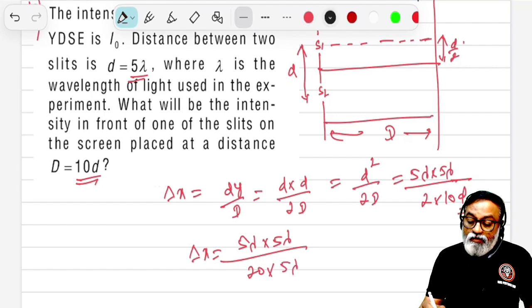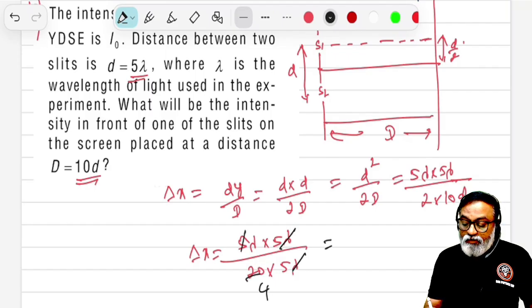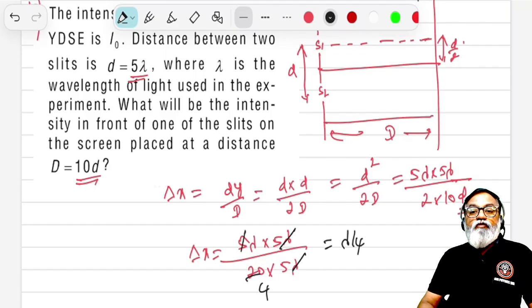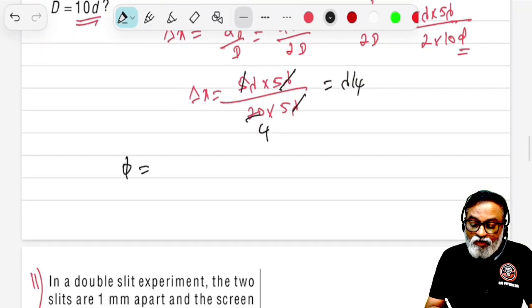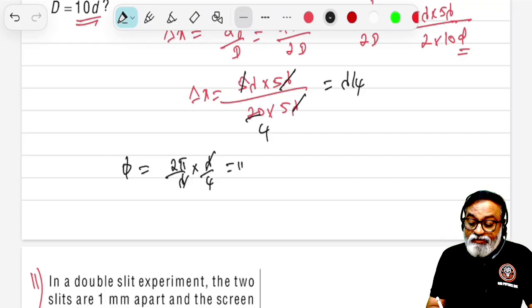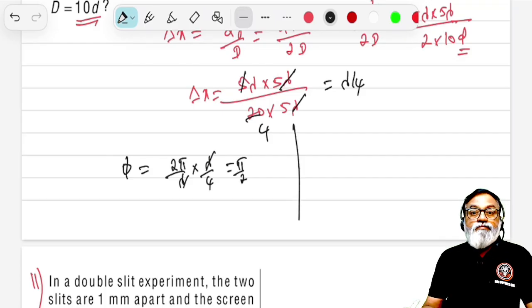Therefore, here 5 lambda cancels, 5 fours are 20, and this becomes lambda by 4. Then the phase difference phi is equal to 2 pi by lambda into the path difference, that is lambda by 4. Lambda cancels, that is equal to pi by 2.